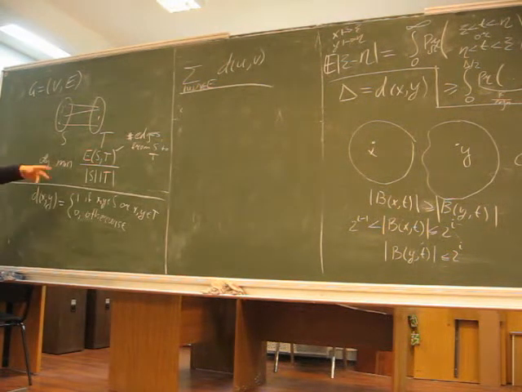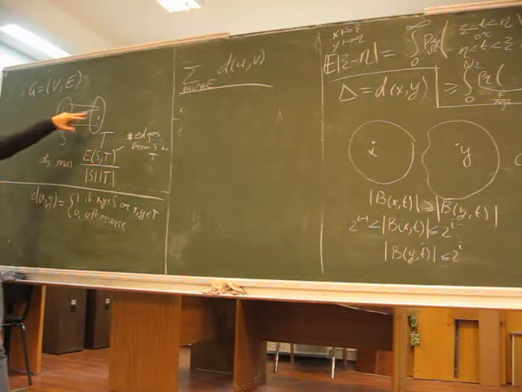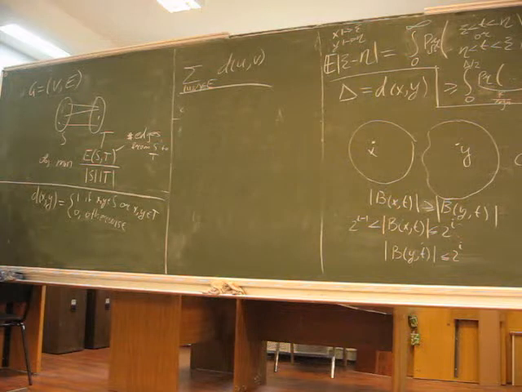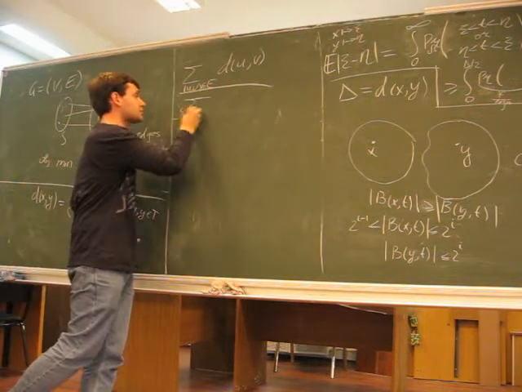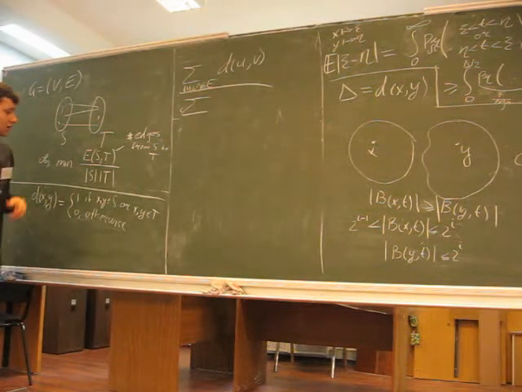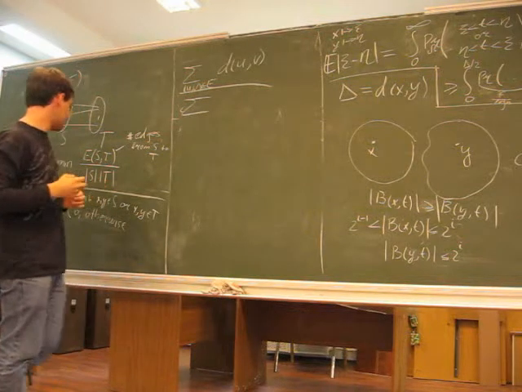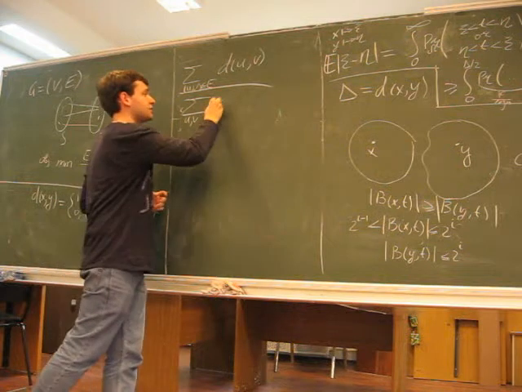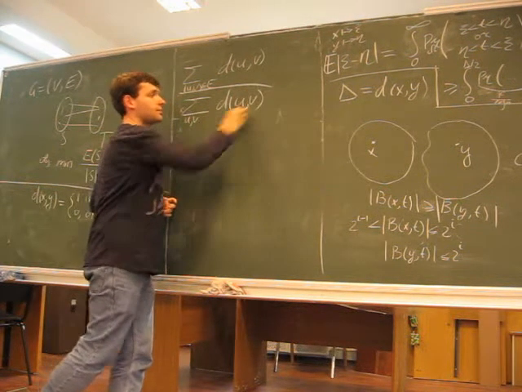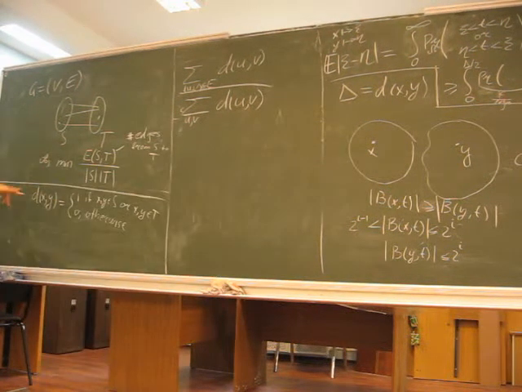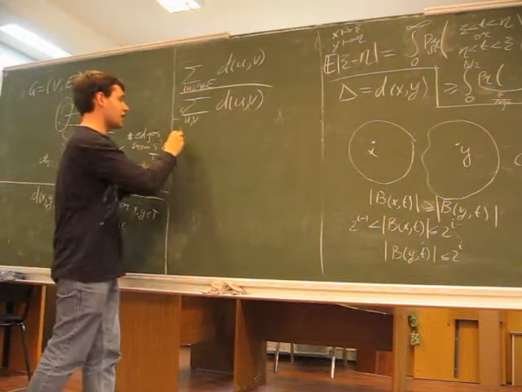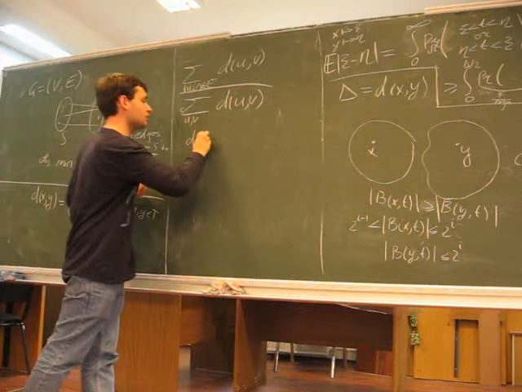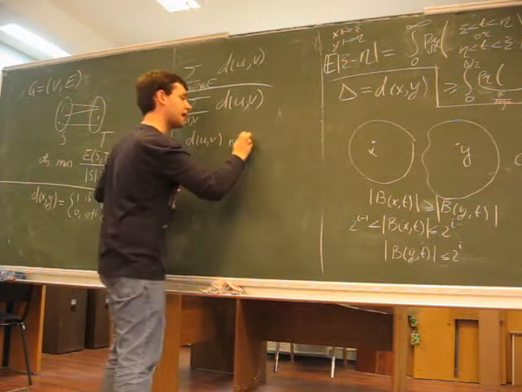If both endpoints of an edge are in S or in T, then this term doesn't contribute anything to the sum, otherwise it contributes 1. And the denominator is just the sum over all pairs, not necessarily an edge, of the distance from U to V, right? So this is our objective function, and if you want to write an optimization problem, we say that d is a cut metric.